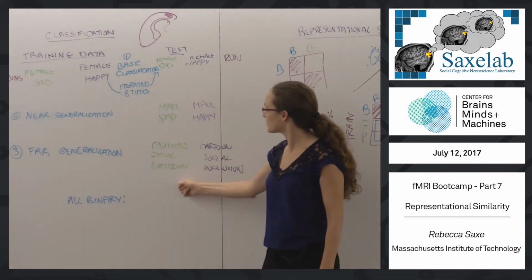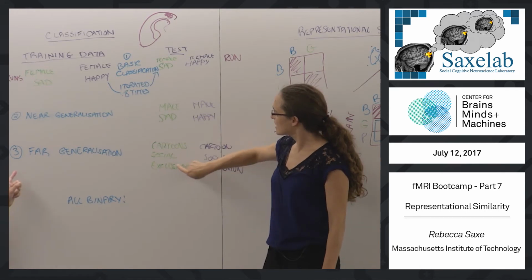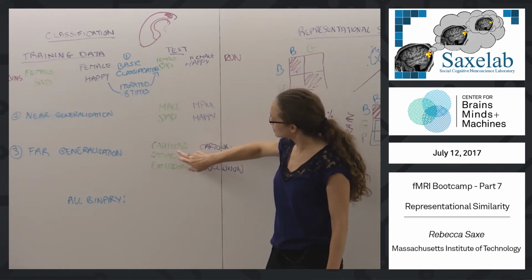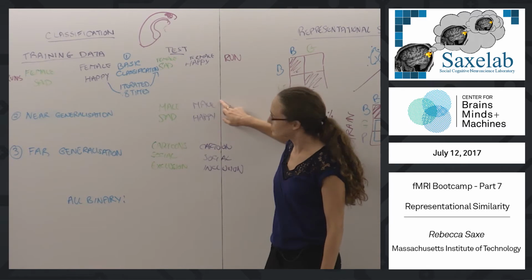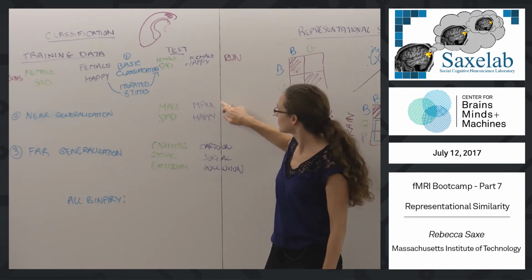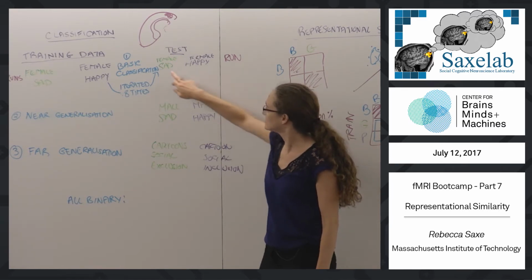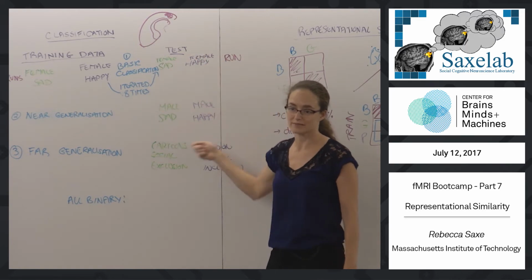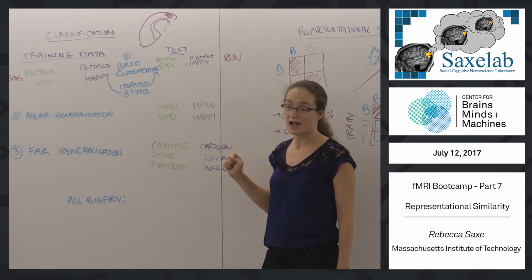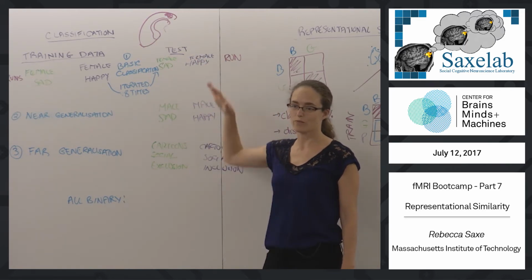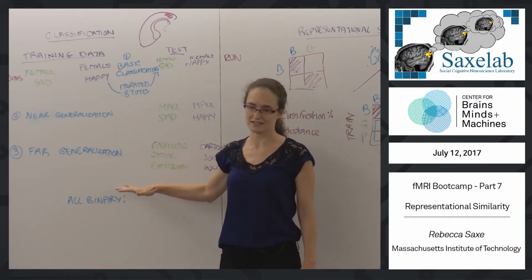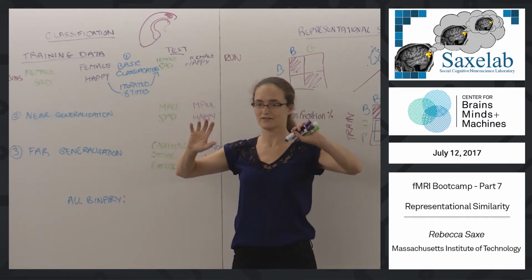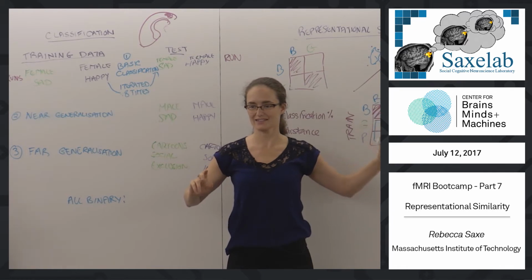When I showed you this experiment, I didn't ever ask, how similar are social cartoons to male happy? How similar is male happy to female sad? I didn't compute all the similarities. I could have. But the logic of this analysis is slightly different from the logic of this analysis.